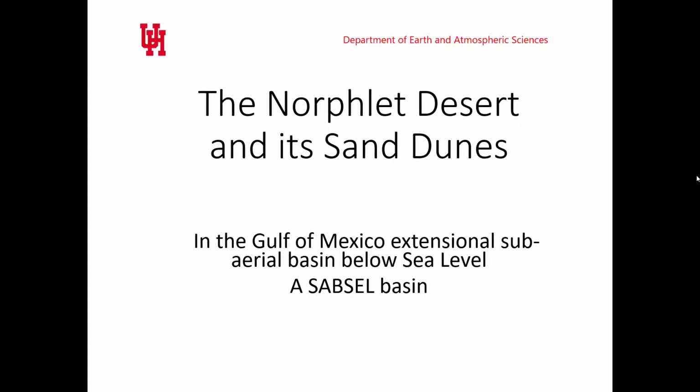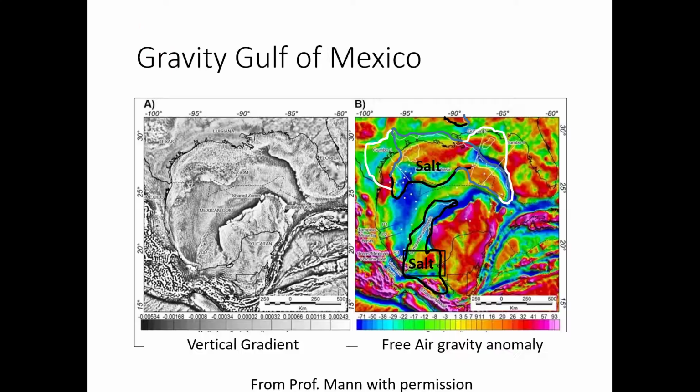Now, this is where it's really important. This is the Norphlet. This is ours, Gulf of Mexico. And this is a real discovery by the University of Houston consortium in the Caribbean and Gulf of Mexico.